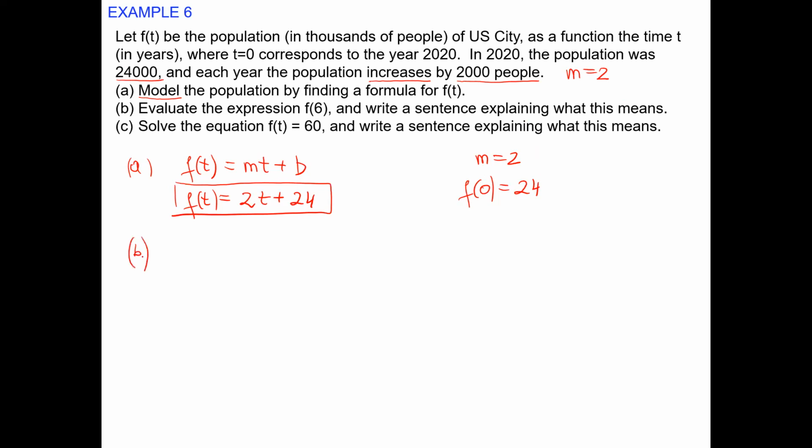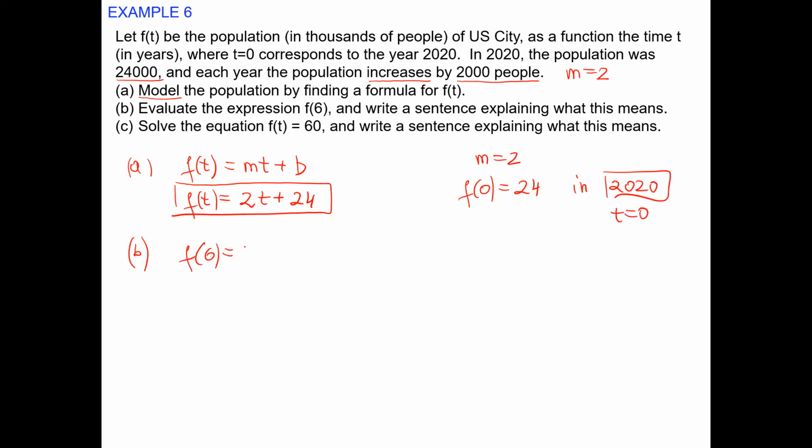I hope you also got this one. Part b, evaluate the expression f of 6 and write a sentence explaining what this means. 6 means we just need to find the population 6 years after 2020, because 0 represents 2020.